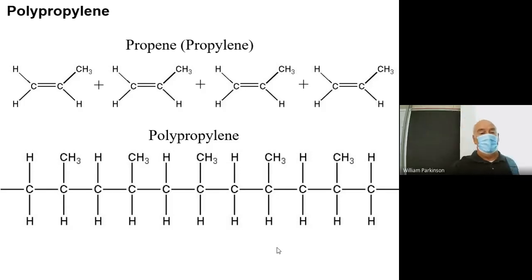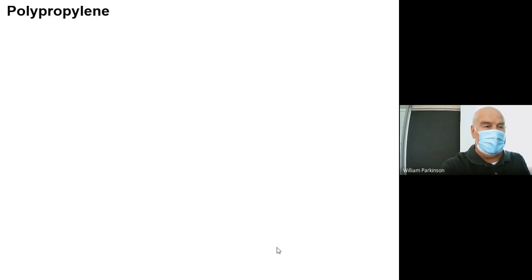If you put a methyl in these positions instead, you now have polypropylene. Now, the difference between the plastic made from polyethylene and polypropylene is that polypropylene is stiffer and more rigid and turns out to be more durable. And we make different things from them, as we will discuss on the next slide.